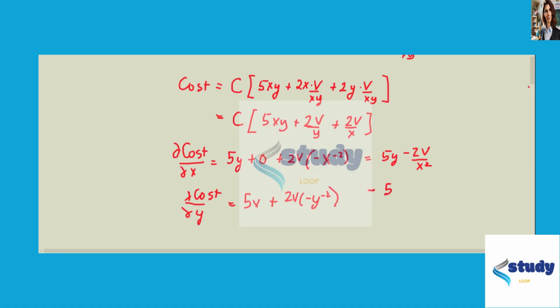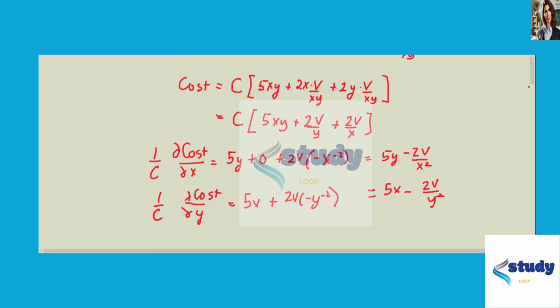So 5X minus 2V over Y squared. Okay, what happened to the C? Oh, I just forgot to write it because it doesn't have any effect on anything here. It's out in front of this derivative, so I'll just put it here, 1 over C, 1 over C.